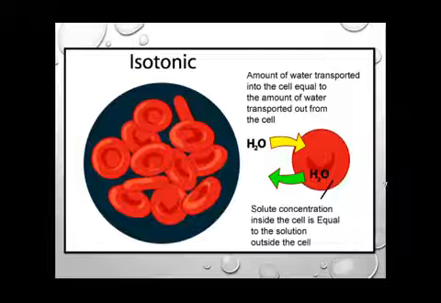So what is happening? The amount of water transported into the cell is equal to the amount of water transported out from the cell. Equal concentration of water is maintained outside the cell as well as inside the cell, and such types of solutions are known as isotonic solutions.